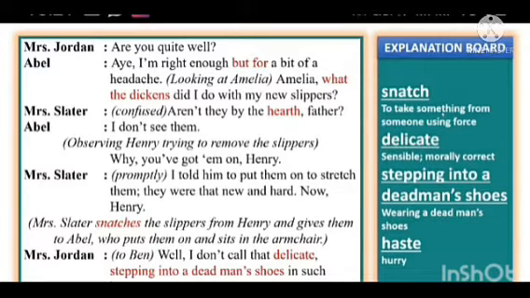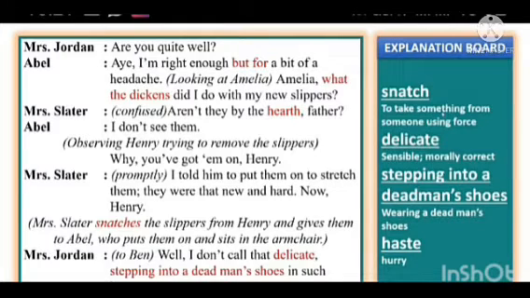Then Mrs. Slater tries to make it up by saying that I already told him, father, to leave the slippers. Here she acts or she pretends to help her father. Why?